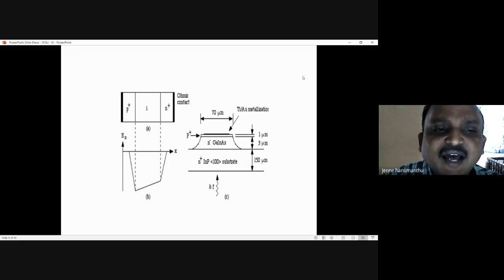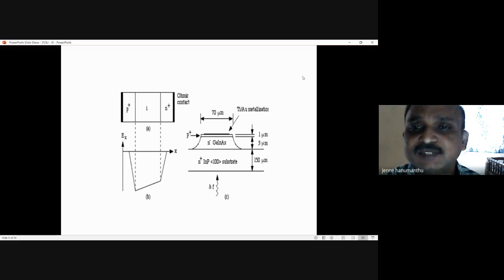So when they are making this transition, tell me, is the mobility of electrons high or the mobility of holes high? Generally, the mobility of electrons is high. So movement of electrons because of the reverse bias creates a photocurrent. What is current? Current is the movement of carriers.